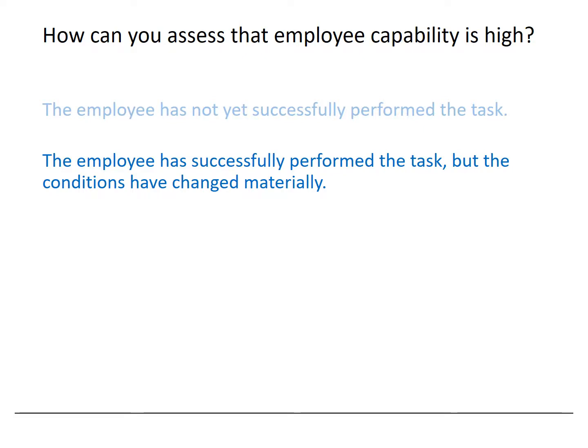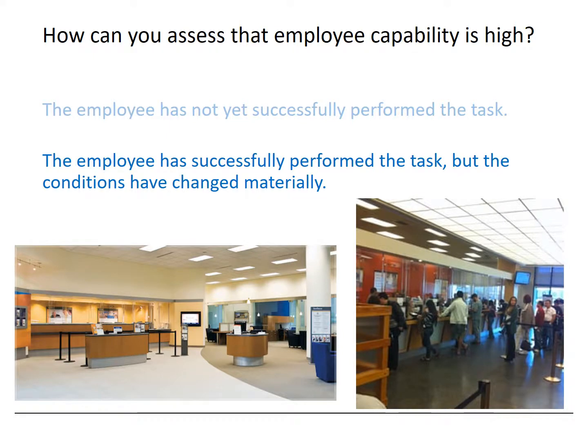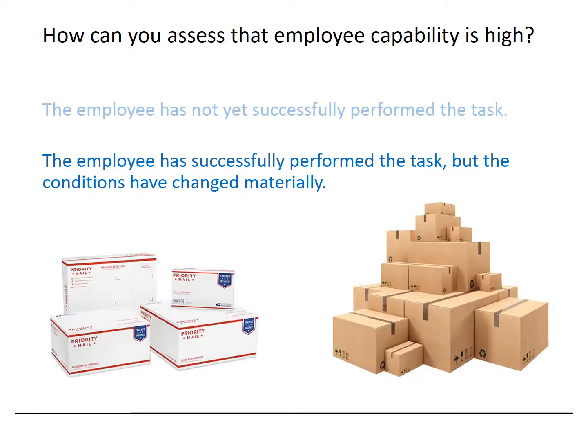For example, the employee may have successfully performed the task while the branch or the store was very slow, like the situation on the left, but the situation may be very different when the branch or store is extremely busy with customers, like the photo on the right. Or the task such as processing a shipment may have been performed successfully during a very small shipment of only 4 boxes.